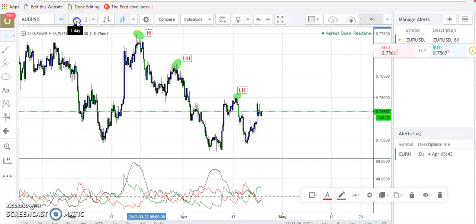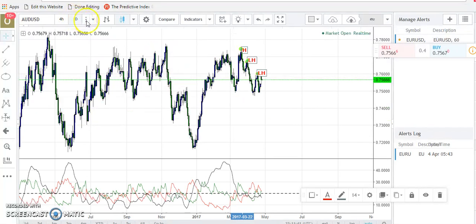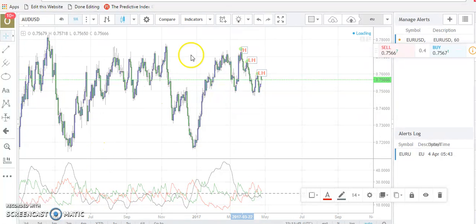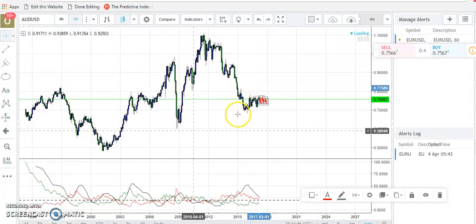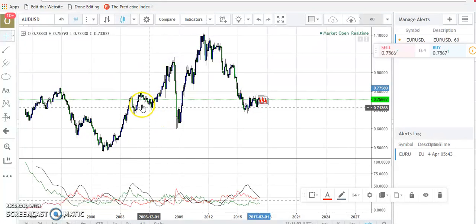Now, the only time I look at the monthly time frame is when I want to get the lowest point. As you can see, this is a monthly support off of these areas right here.